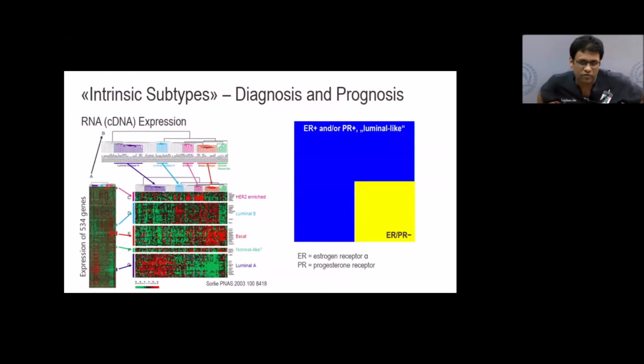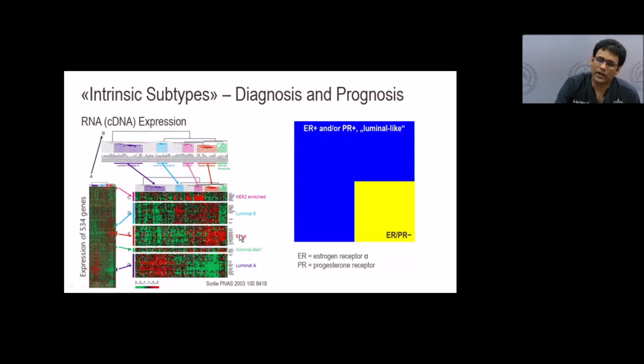Our understanding of breast cancer basically starts from the early 2000s, where multi-gene array studies divided breast cancer into multiple subtypes. So we have now come to the understanding that breast cancer is not a single disease, but a collection of multiple diseases. One way to approach breast cancer is to look at these subtypes.